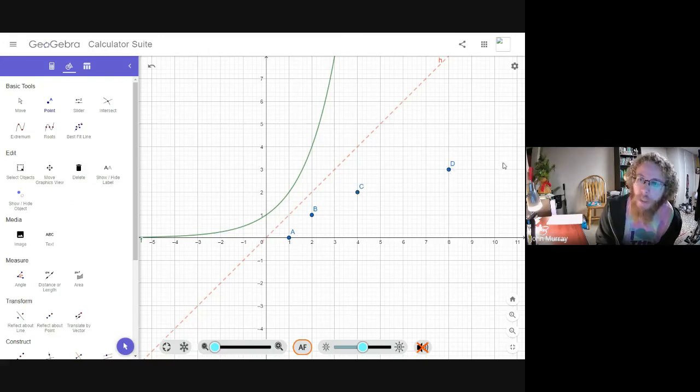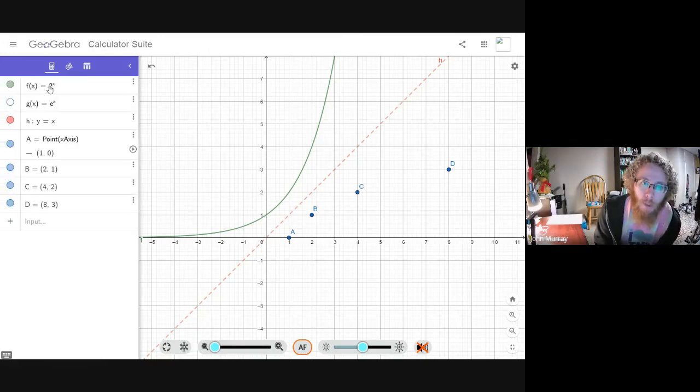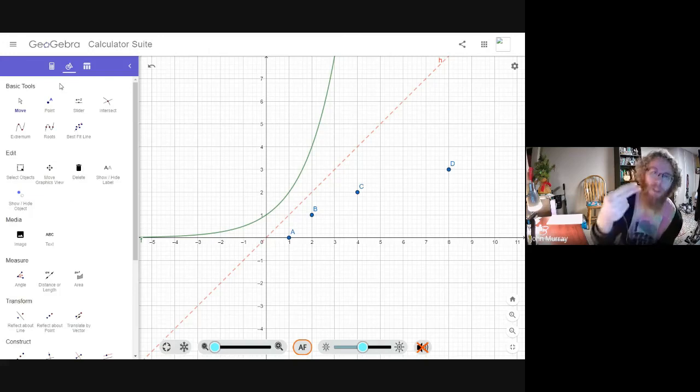Now this is kind of starting to look like maybe a square root function, but something happens when we go to the left. If I plug in -1, 2 to the -1 gives me a fraction, 1/2.